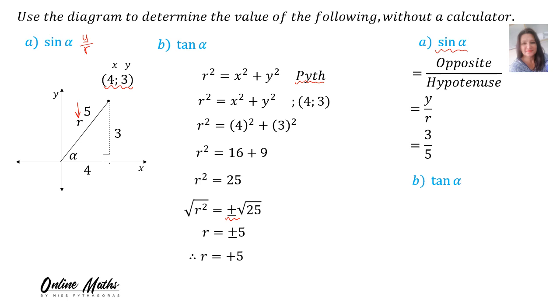B, they want tan alpha. Then you say tan's ratio is opposite over adjacent. Let's go for y over x, and then the y is 3 and the x is 4. So the answer is 3 over 4.